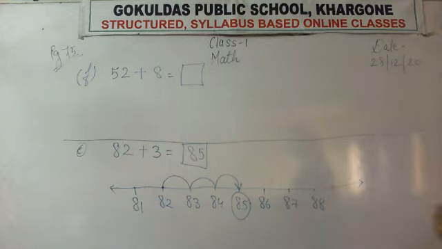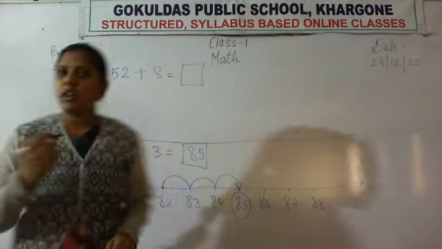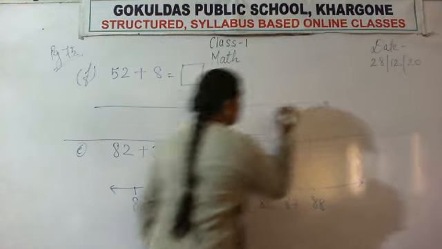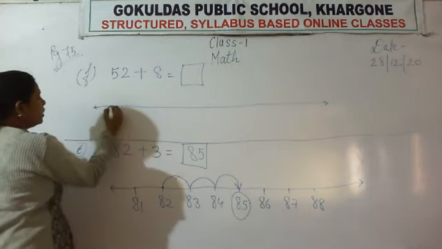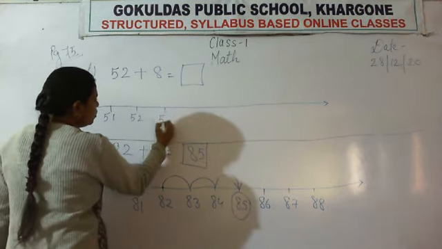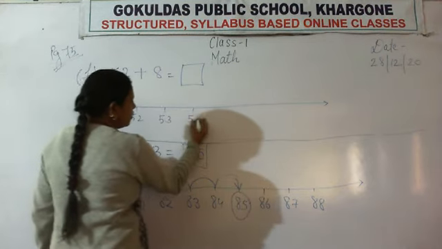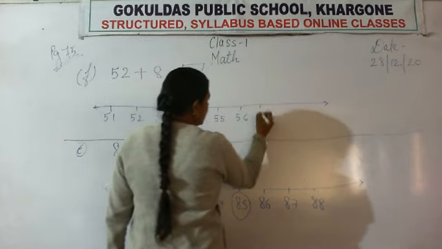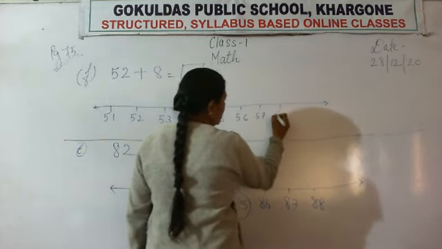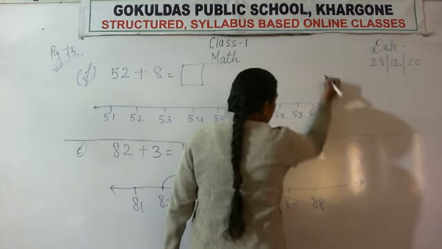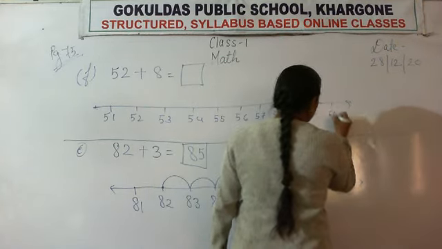Check your answer. Number line: 51, 52, 53, 54, 55, 56, 57, 58, 59, 60 and 61.